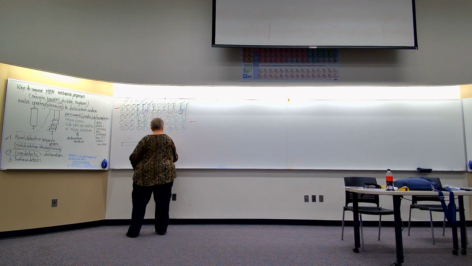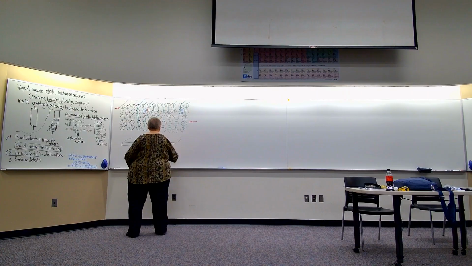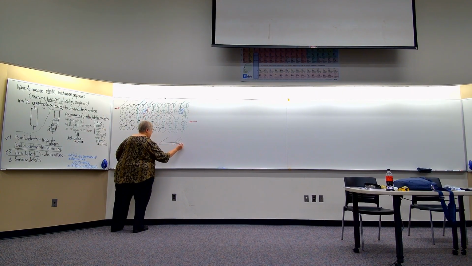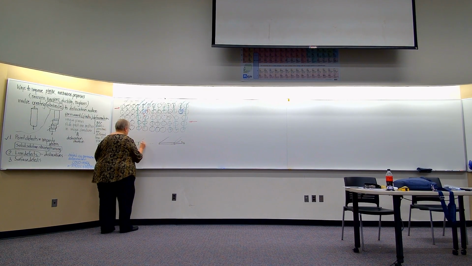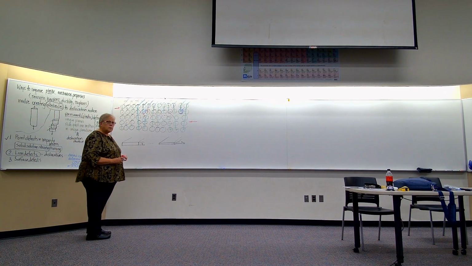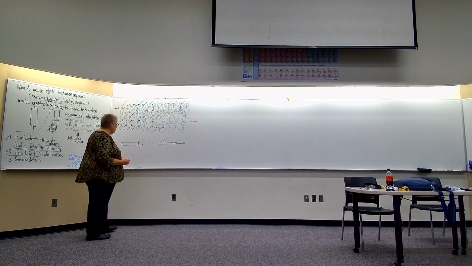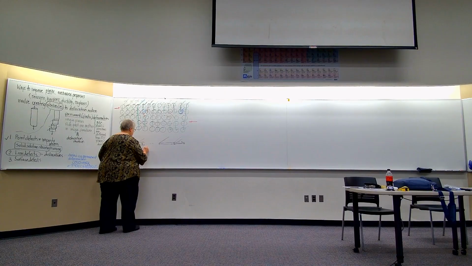If it's wide enough to begin with, then the width doesn't increase. Clearly, the thickness does. So we might call that the final thickness, and we might call this the original thickness. That's one measure of percent cold work. It's just T original minus T final over T original.